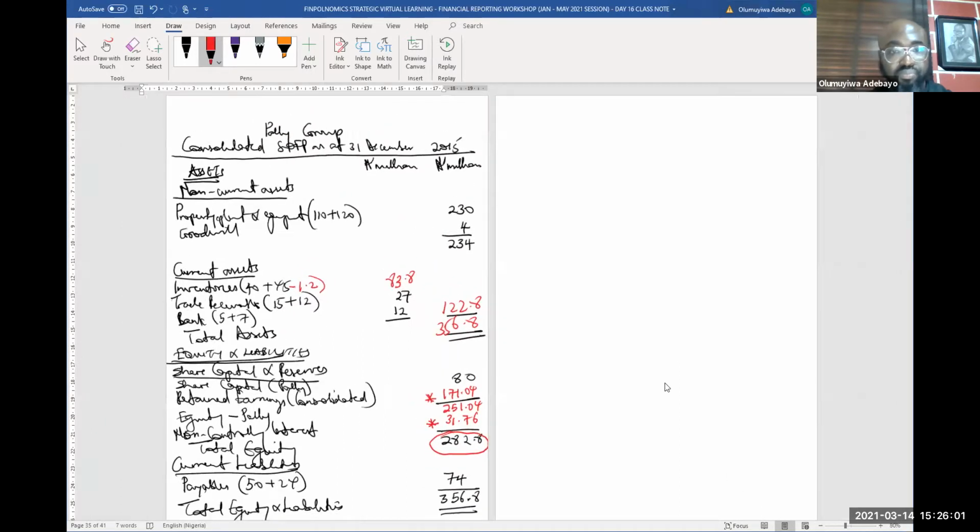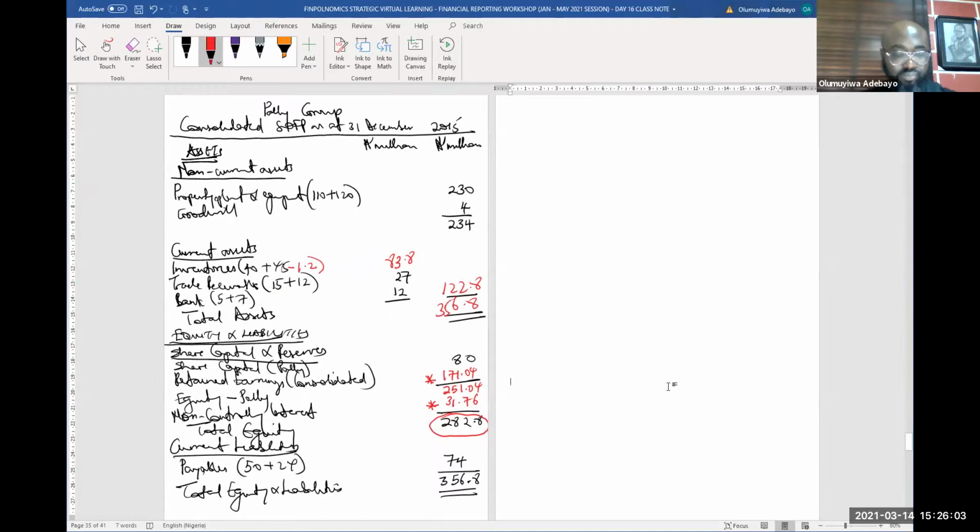Any question? Which means the difference between upstream transaction and downstream is that upstream is a transaction done by the subsidiary, while downstream is a transaction initiated by the parent.